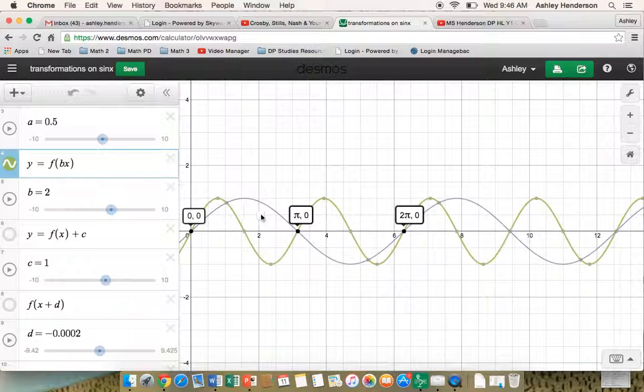So my original function going to 2 pi, and my transformed function now is half of that, just 1 pi. So if I take 2 pi and I divide it by my horizontal stretch compression here of 2, I get 1 pi. So 2 pi divided by b gives us our period.